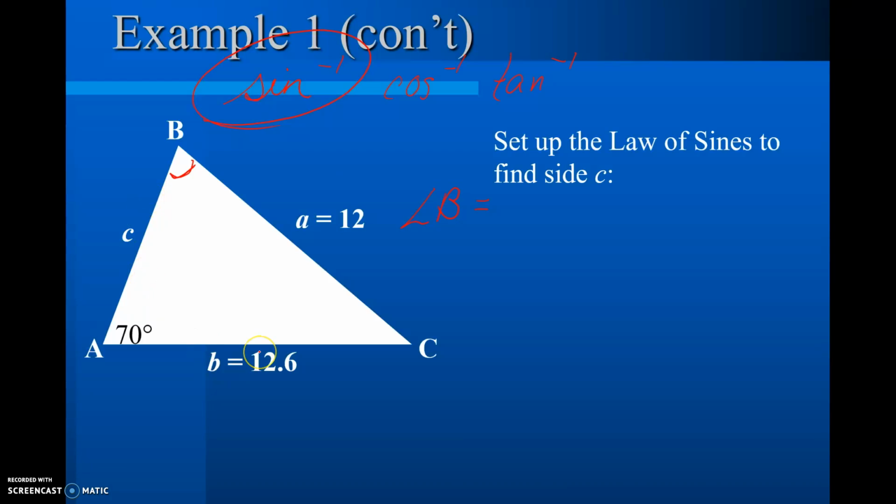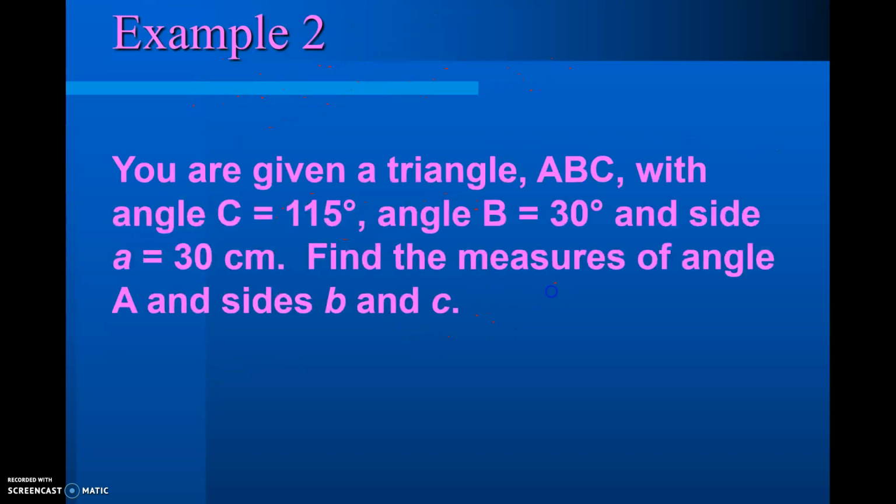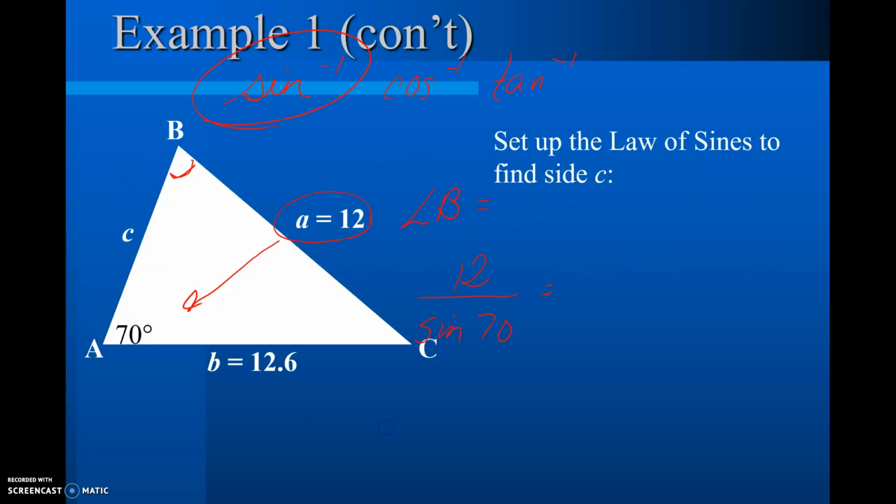So we have to find that ratio of what B is. And the way we're going to do that is we're going to set up our law of sines again. So 12 over the sine of its opposite angle, sine 70, equals 12.6 over sine B, the sine of its opposite angle.